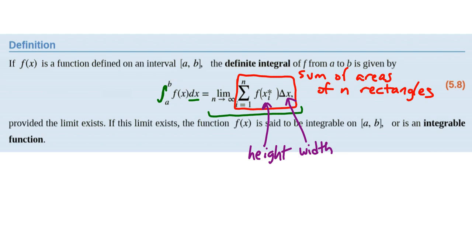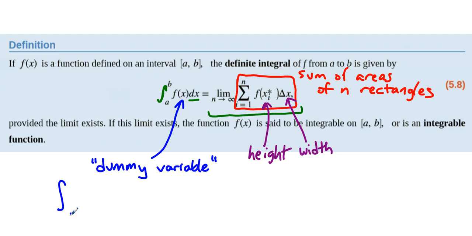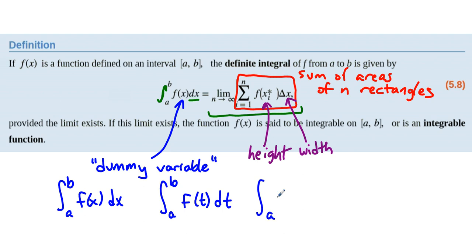As a quick side note, that variable is what we call a dummy variable. It's called a dummy variable, meaning that there's no special meaning behind the x. If we were to write the integral from a to b of f of x dx, and we were to write the integral from a to b of f of t dt, and we were to write the integral from a to b of f of chicken nuggets d chicken nugget, all of these are the same.